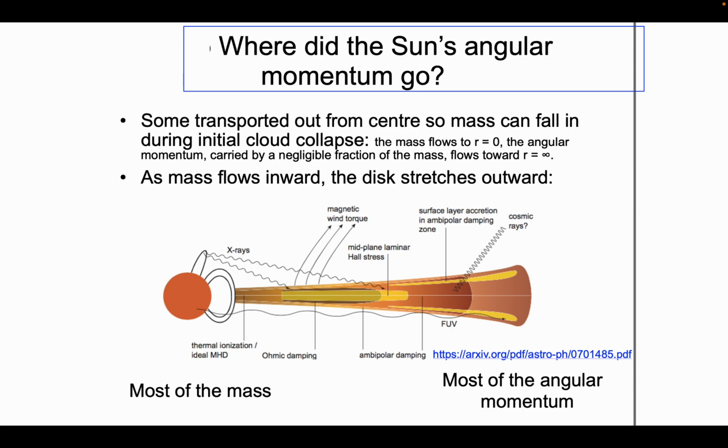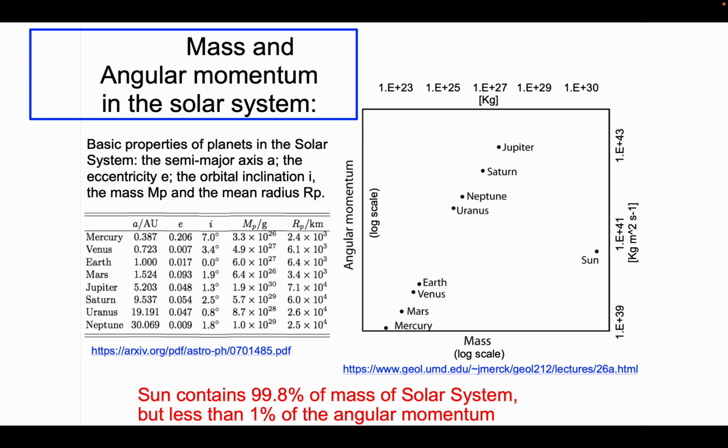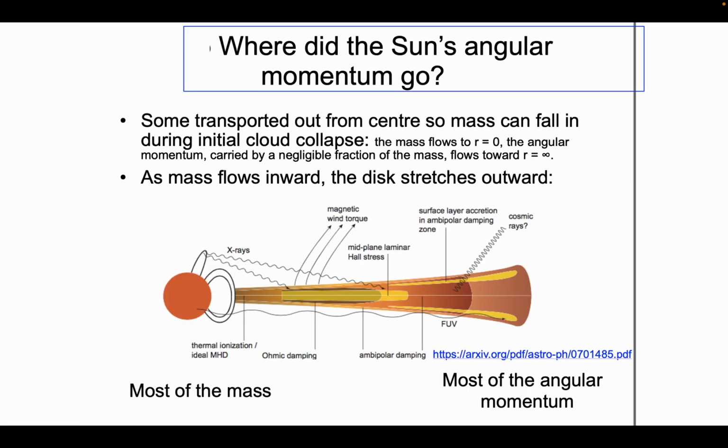So one of the main questions in your mind can be why the Sun has the lowest angular momentum despite being the most massive object of the solar system.